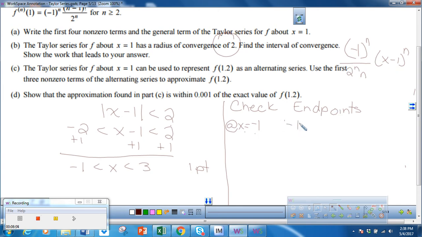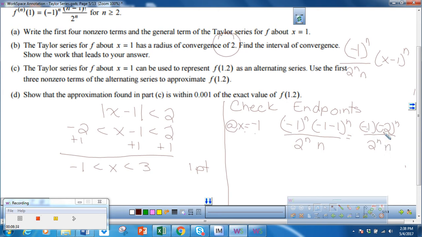So that gives us negative 1 to the nth times negative 1 minus 1 to the nth, 2 to the nth times n. Okay? Doing the math here, what we find is that this becomes negative 1 to the nth times negative 2 to the nth over 2 to the nth.